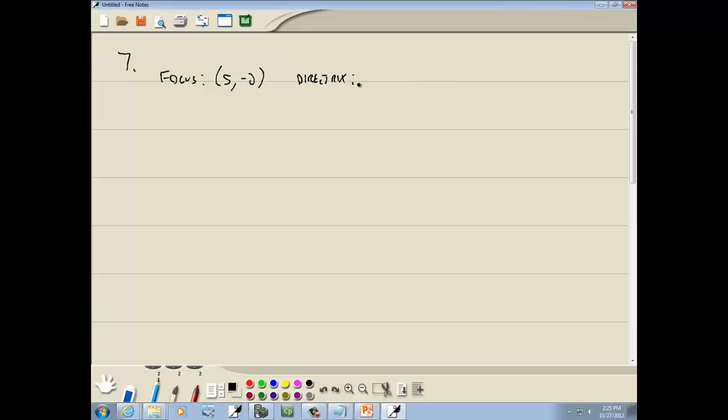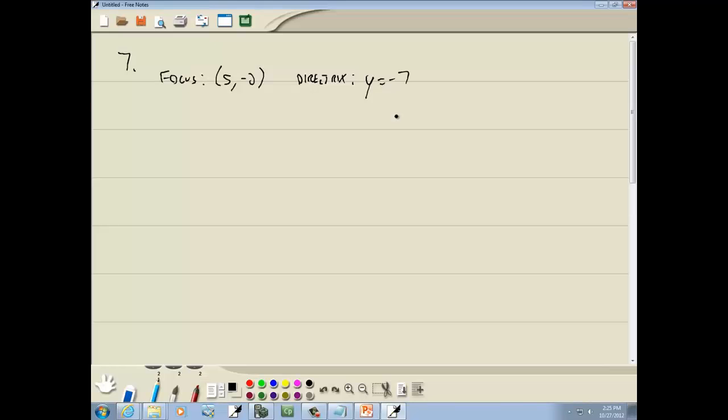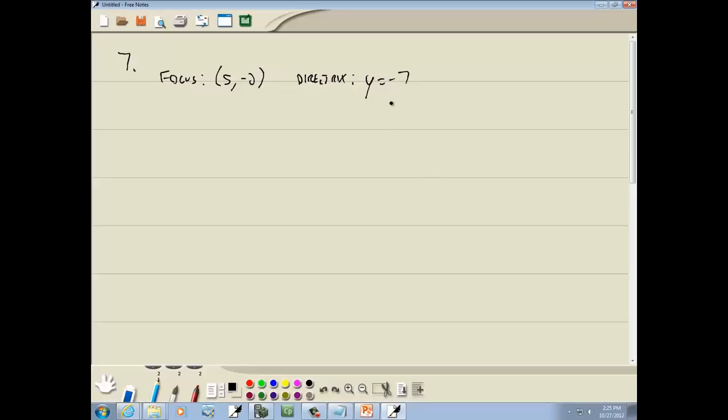And our directrix is y is equal to -7. Find the standard form again. Okay. Directrix is y equals a number. Directrix is y equals, directrix is x equals. So it's our top formula, because the directrix is y equals up here. So directrix is y is equal to k minus p. So they're telling us that k minus p is equal to -7.